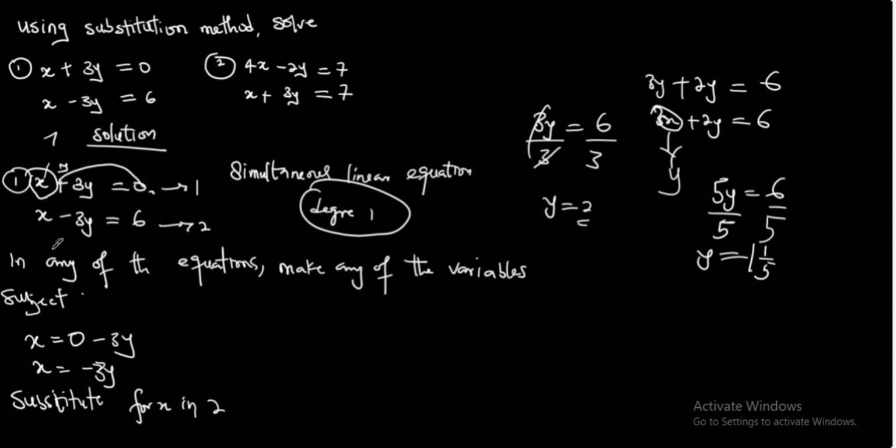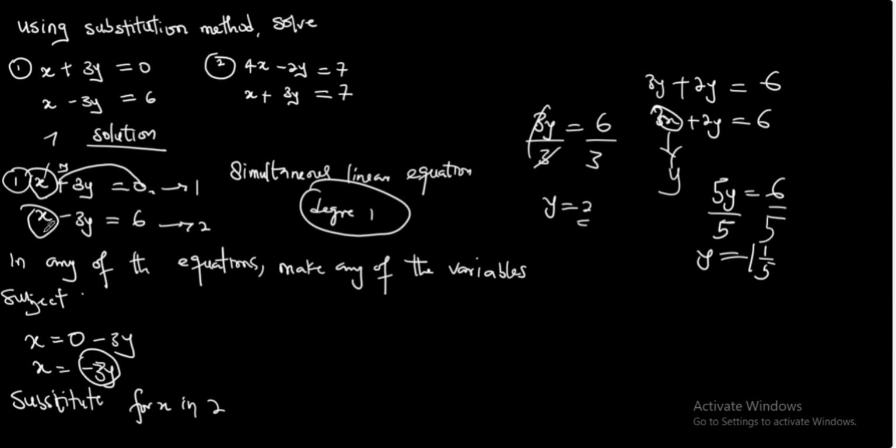So that means that instead of having x now in equation 2, I will have minus 3y, because I've been able to find the value for x in equation 1, saying that x is equal to minus 3y. So if I make x, or y, subject of formula in equation 1, I substitute in equation 2.